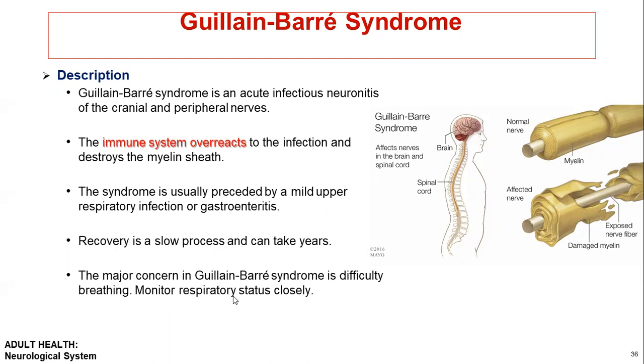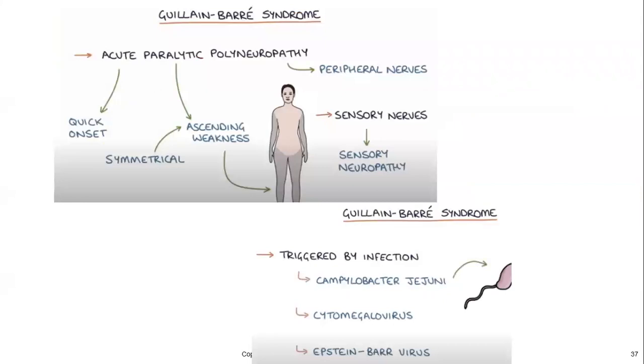What next? In this picture, we can see that Guillain Barré is called acute paralytic polyneuropathy. It is an acute attack of the peripheral nervous system at more than 2 or 3 locations or sites, so it is called polyneuropathy. Acute means sudden onset, paralytic, and this paralysis is the ascending type.